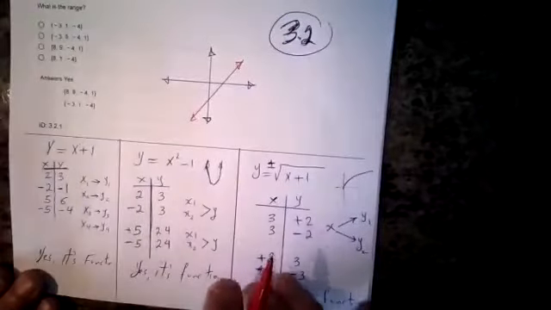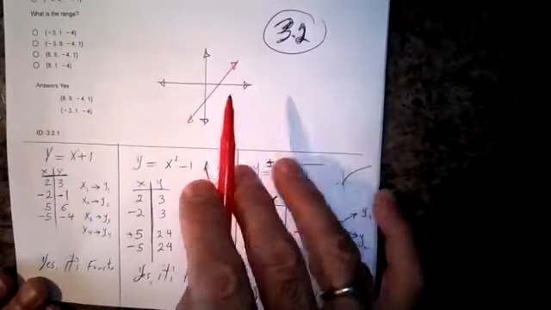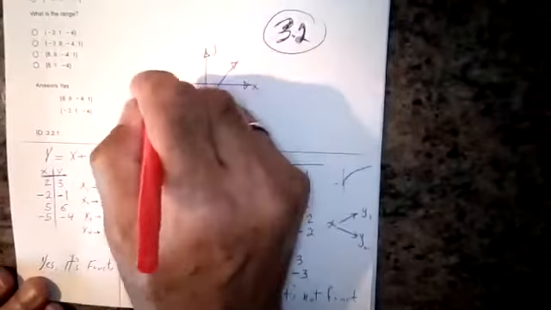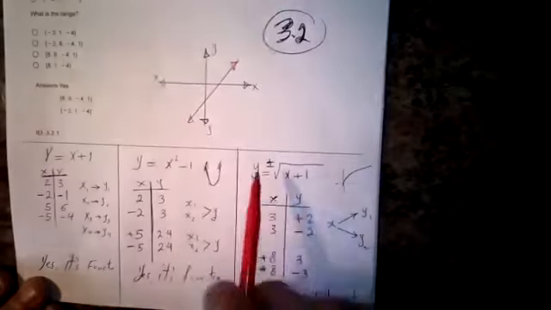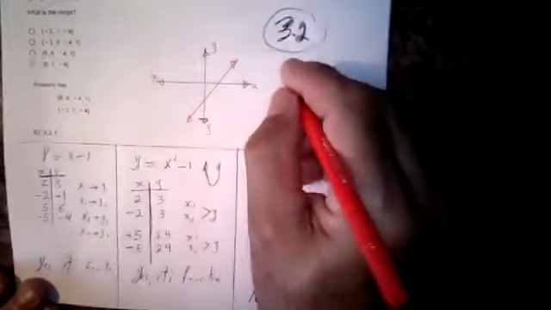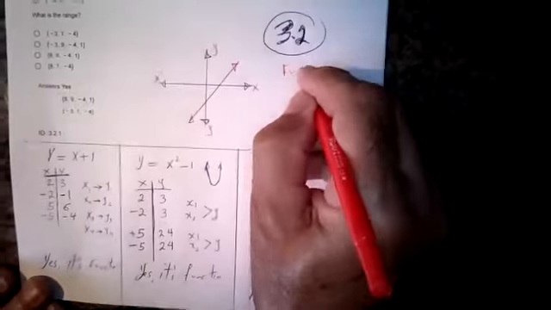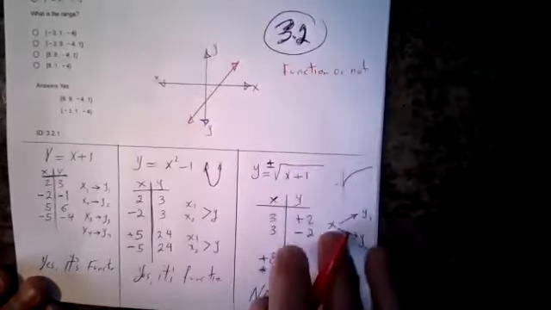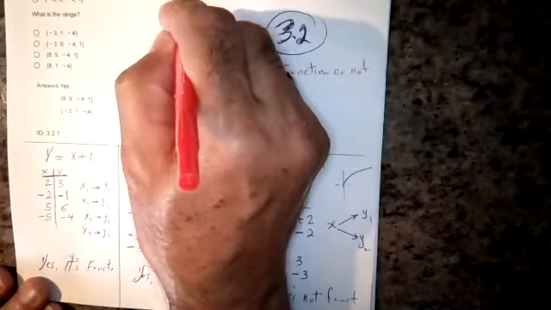This is in case we give you the graph, like this red line. Now, if you see a graph and we ask you to tell whether it is a function or not, there is a test, they call it the vertical line test.